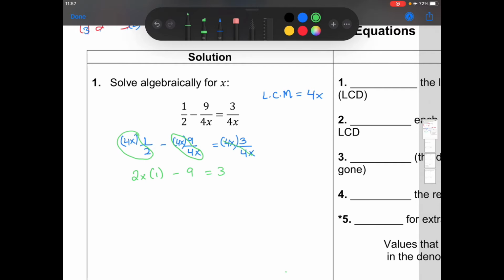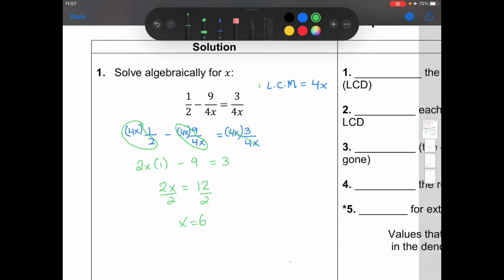All you need to do is multiply the whole equation by the LCM, and then you are good to go. So now it's a linear equation, so I'm going to add 9. So we get 2x equals 9 plus 3, which is 12, divide by 2, x is equal to 6. So that's how you do these questions. The first thing to do is, again, I'm going to write that down.